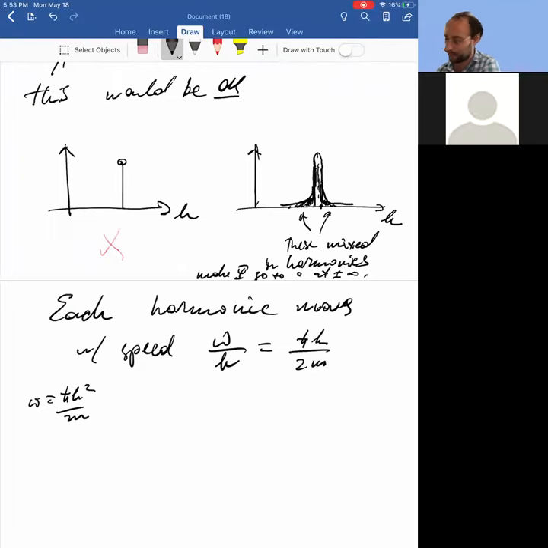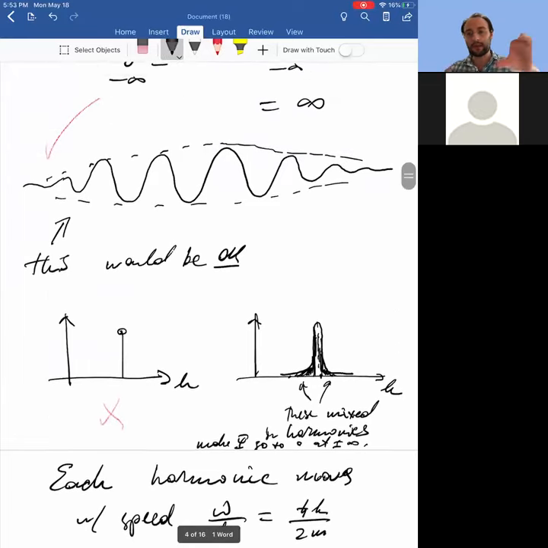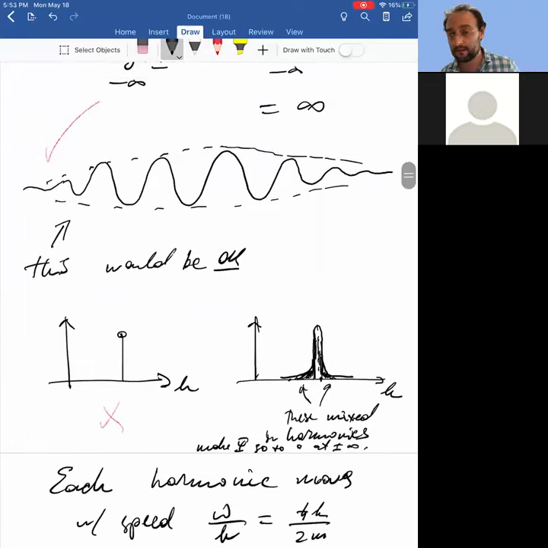Maybe you see where I'm going. If you were to simulate this, you would see that the wave packet as a whole travels at a different speed than the dominant harmonic or any other harmonic.